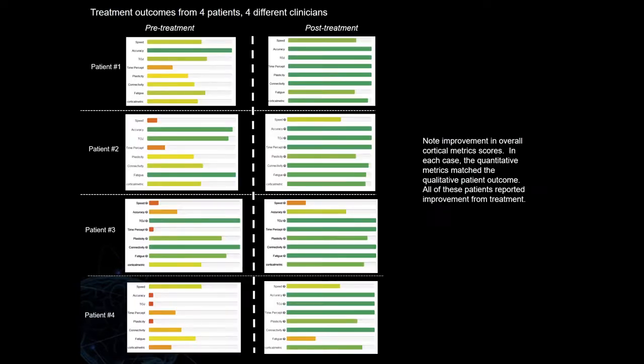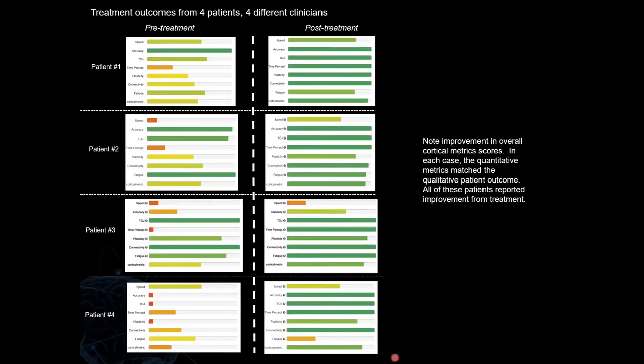Clinical researchers are assessing cortical metrics to determine if they're good indicators of treatment efficacy. And what we mean by treatment efficacy is, if a patient gets tested and they're symptomatic of some neurological condition and they're treated, will cortical metrics reflect a positive treatment?